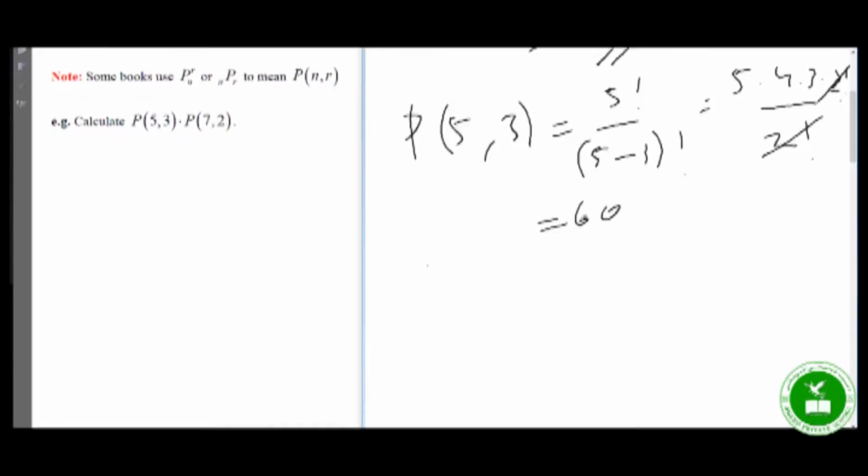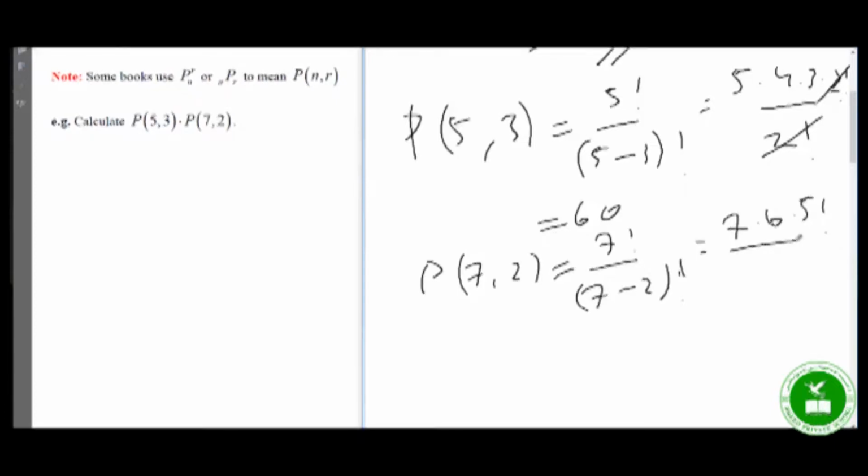And also the permutation of 2 from 7 is equal to 7 factorial over 7 minus 2 factorial, which is 7 times 6 times 5 factorial over 5 factorial.